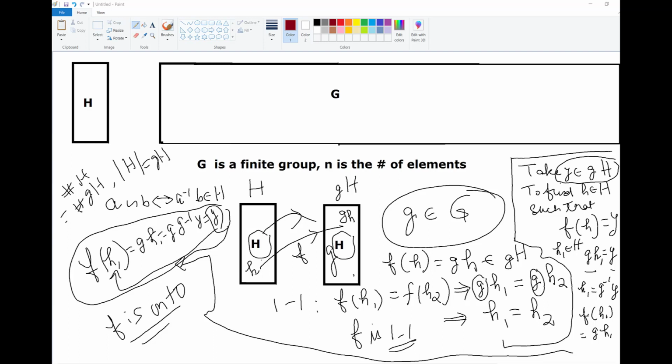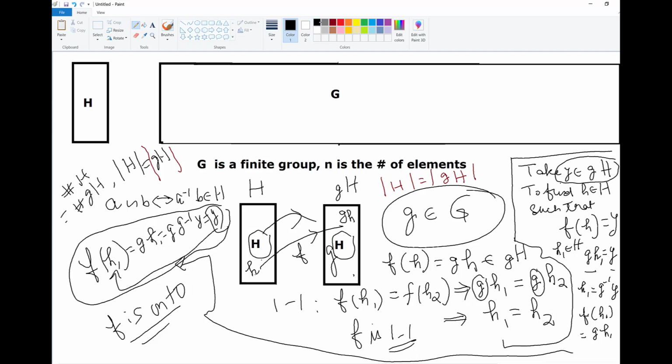By the way, here I have incomplete typing. What we have meant is, let me write it again here, that the size of H is the same as the size of gH.